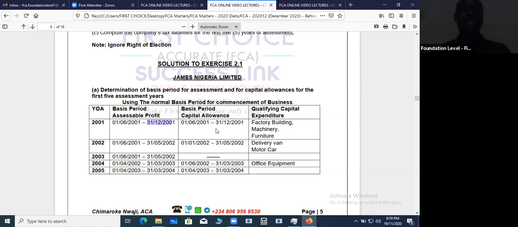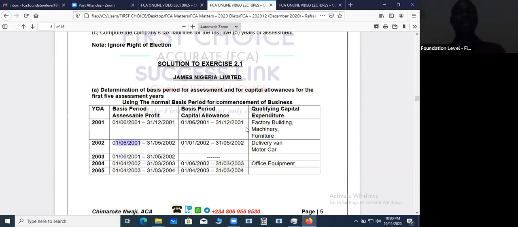So that means it qualifies. There is no overlap. So you take this 31st May 2002 and put it down here. So you have decided on the ending date.